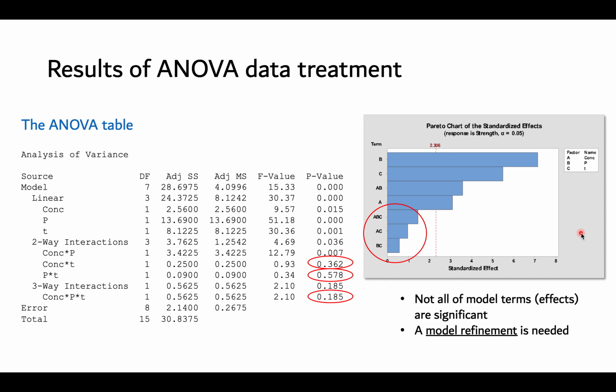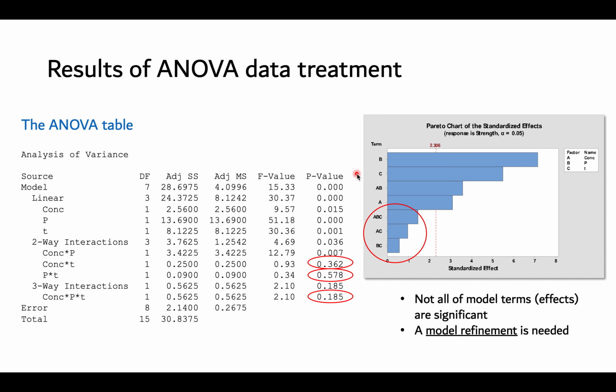The discussion on how to use Minitab to do the data analysis will be conducted during the class. So this is the results, or the ANOVA table, from Minitab from our data.